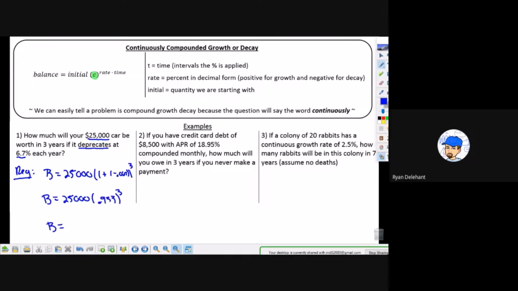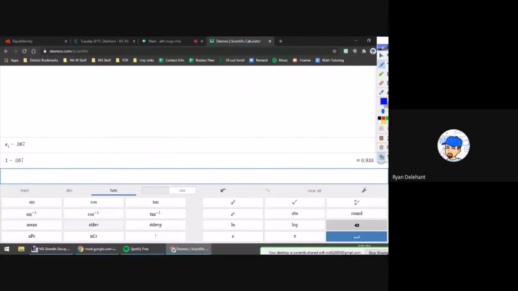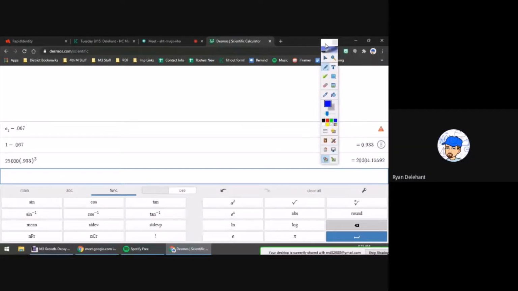So let's actually calculate that. It's 25,000, 0.933. And we're going to go to the power of 3. We end up with $20,304.16.